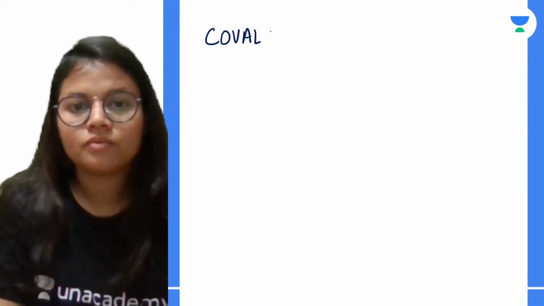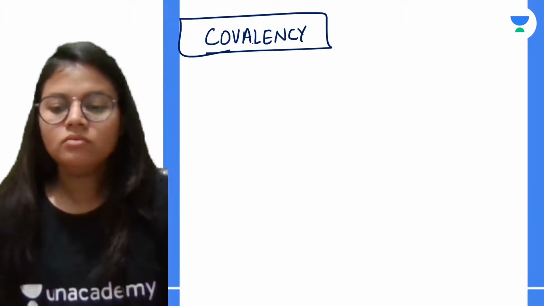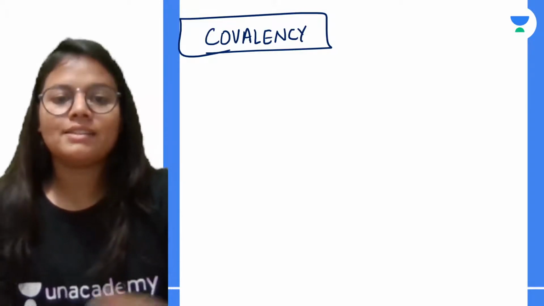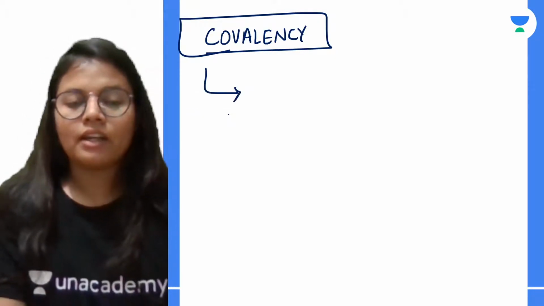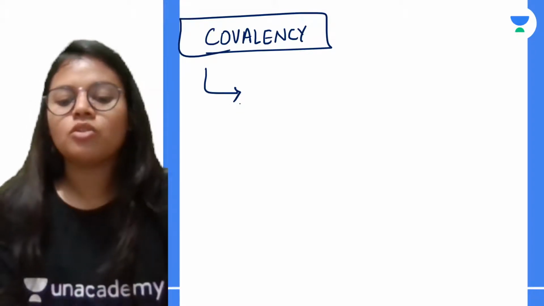Okay, अब बात करेंगे of a very important term which is covalency. अभी covalency क्या होता है ना, like we have studied about electrovalency, उसी तरह से होती है covalency. So what is it?